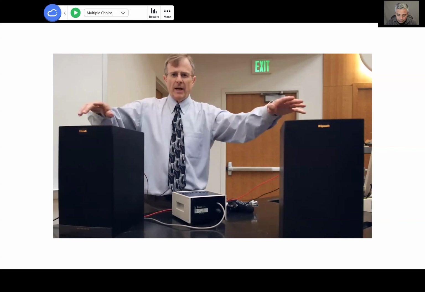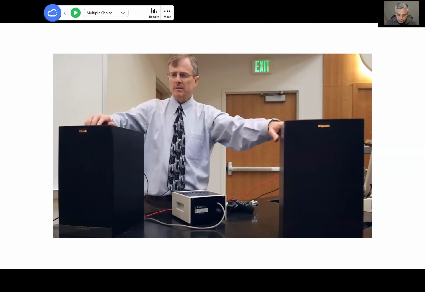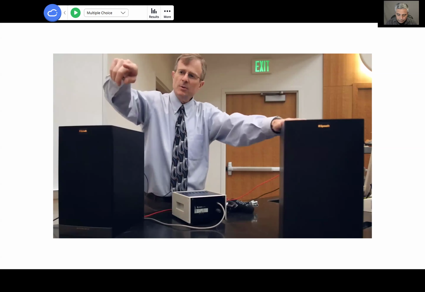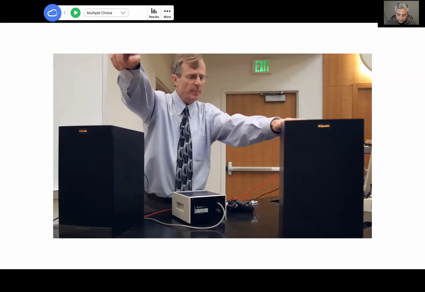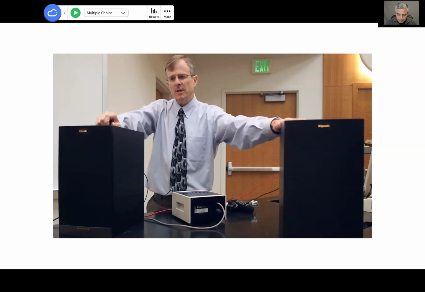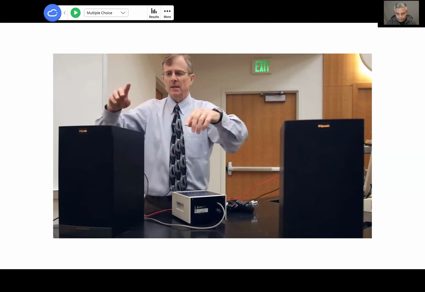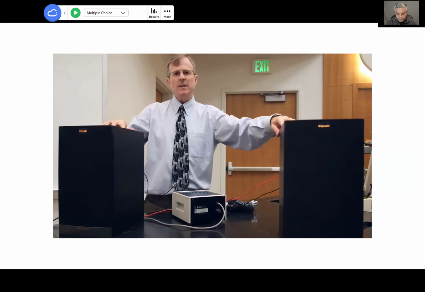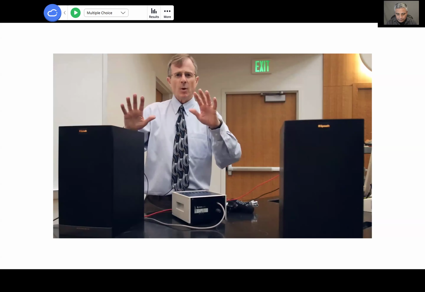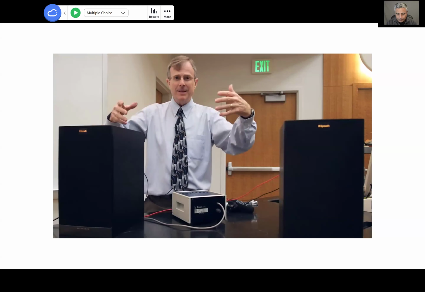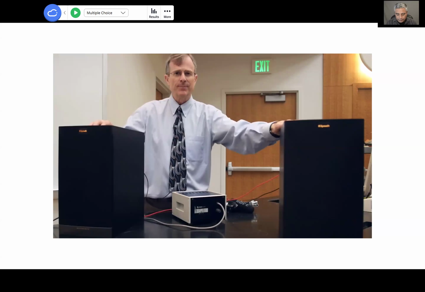If you're out in front of those two speakers, then what matters is the distance from you to one speaker compared with the distance from you to the other speaker. If those two distances are the same, then the sounds produced by these two speakers overlap and interfere constructively. They add together to form a louder sound.